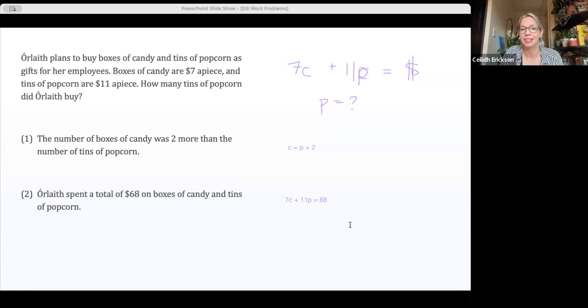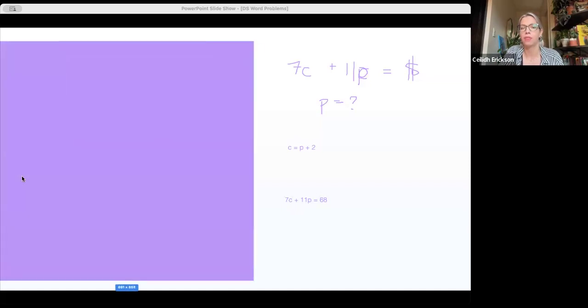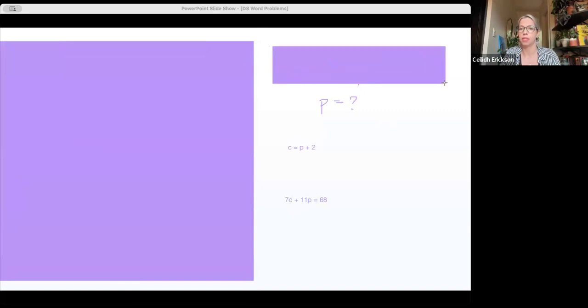But here's what I'll tell you. If this wasn't the question, if it was just pure math land and it was like, what is the value of P? In statement 1, C equals P plus 2. Statement 2, 7C plus 11P is 68.